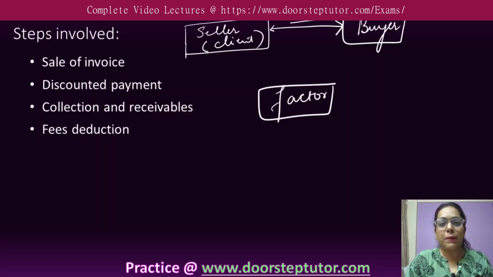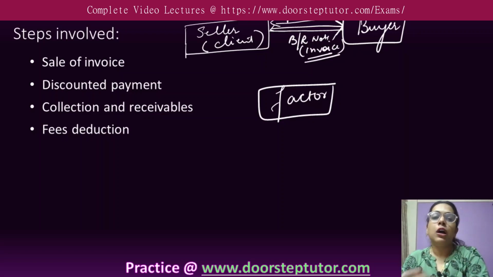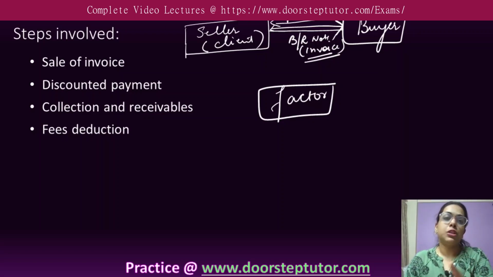The buyer will purchase goods from the seller, and in return the seller will give a bills receivable note, or one can say the invoice, which shows the amount of money that has to be collected from that person at a future time.